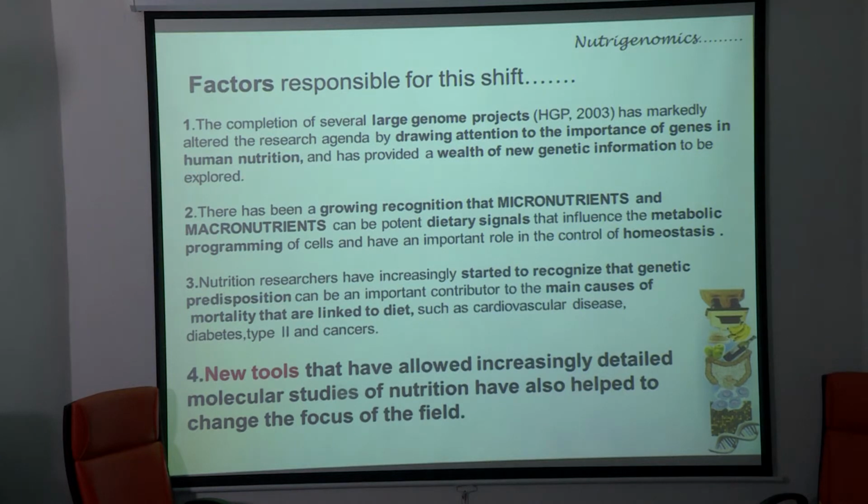This opened a wealth of new genetic information, so much that we are now feeling short of hands to explore it. What is the importance of these genes which have been explored by the techniques of genomics? How are they related to nutrition? All these things are to be discovered now.